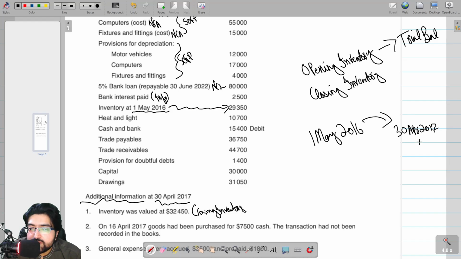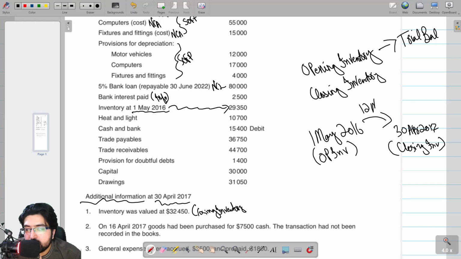So obviously the value given at the start is opening inventory and the value given at the end of the year is closing or leftover inventory. You can count. These will be 12 months for sure because our accounting period is always of 12 months, right? So two ways of knowing. First is that opening inventory is always given in the trial balance, whereas closing inventory is not.